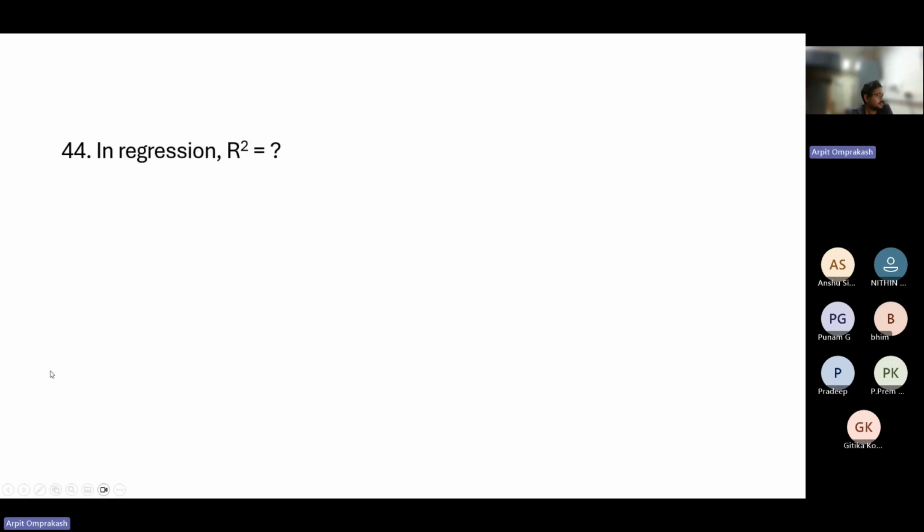Next question is, in regression, R square is dash. So what is the formula of R square and what does it represent? We talked a bit about this in last class also. Yes, so R square gives us goodness of fit. Can someone tell me what is the formula for R square?